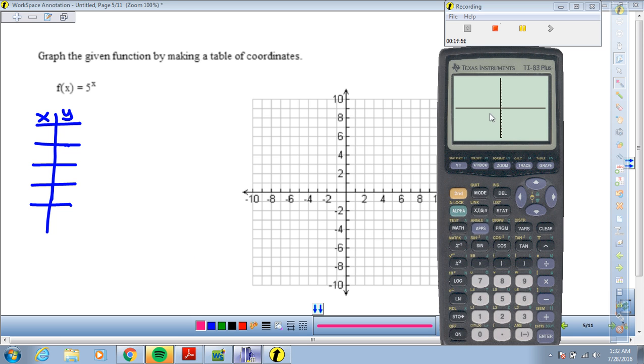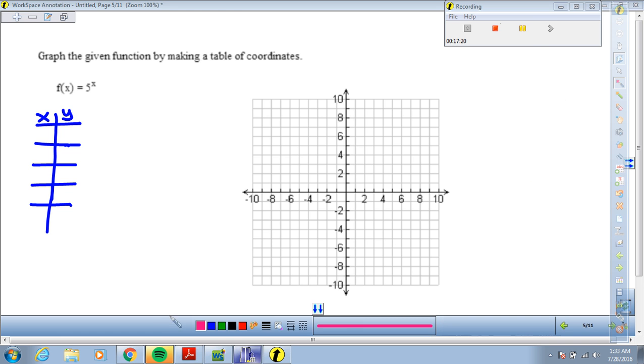5 raised to the x looks like this kind of curve. You can choose whatever x's you want. The thing is that we want to learn how to deal with exponents when they're positive or negative, substituting into the x.